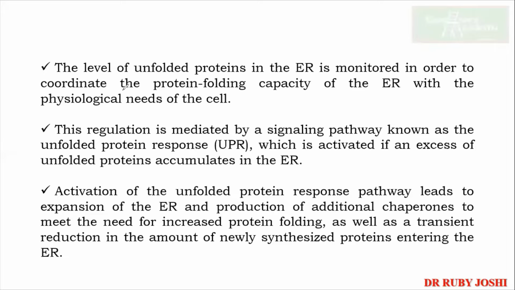Now, the level of unfolded proteins in the ER is monitored in order to coordinate the protein folding capacity of the ER with the physiological needs of the cell. This regulation is mediated by the signaling pathway known as UPR, unfolded protein response, which is activated if an excess of unfolded proteins accumulates in the ER. See, suppose the chaperones have done their job and you have unwanted expression of the protein, and it is kept unfolded only.